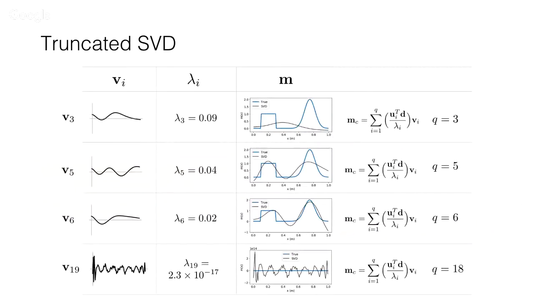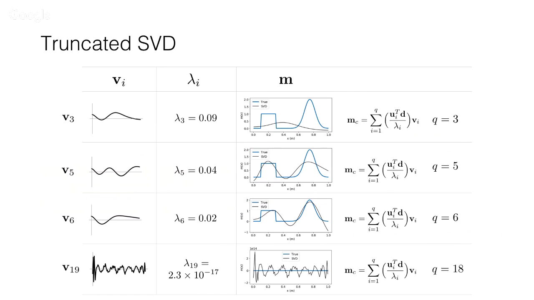So here's what happens with our truncated SVD. If we go to the third vector, by that time we get this kind of solution. Go to the fifth vector, we end up with that. The sixth, we end up with this. And the 19th, we end up with this.